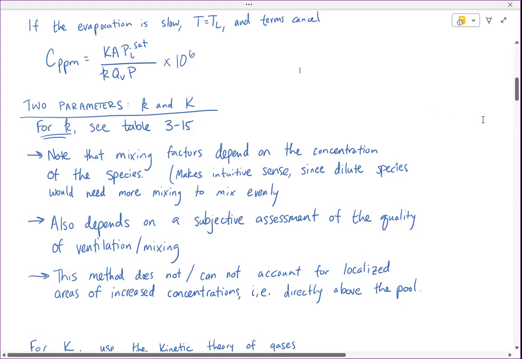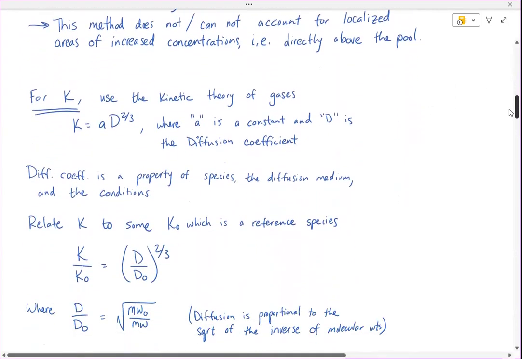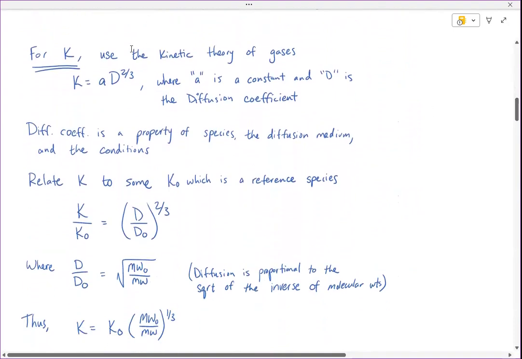Let's skip ahead to big K, the mass transfer coefficient. Recall from transport that K uses the kinetic theory of gases. K is equal to A, which is just some constant, times D to the 2/3 power, and D is called the diffusion coefficient. This is a property of the species, the diffusion medium, and the conditions. The way we'll treat this is by relating K to some reference K naught, which is a reference state.